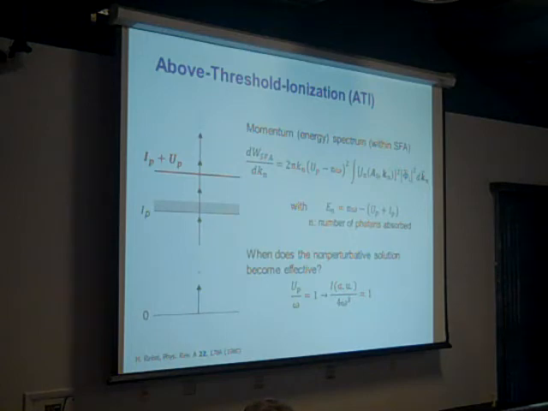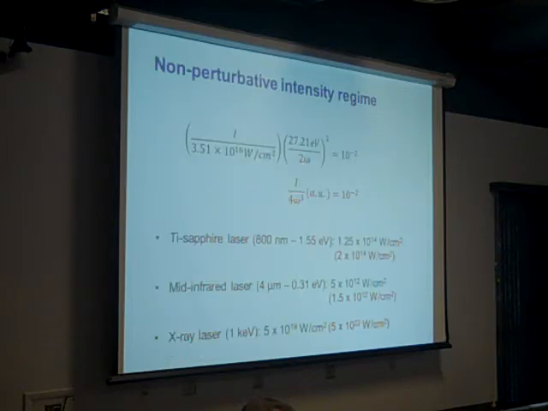Yeah, and out of this I can make a kind of rule, so that the intensity over 4 times omega to the power of 3 becomes 1. Now, let's be again a bit more conservative and not put in 1 here, like we have done before when we were looking at the breakdown of perturbation theory, but put in 10 to the minus 2.